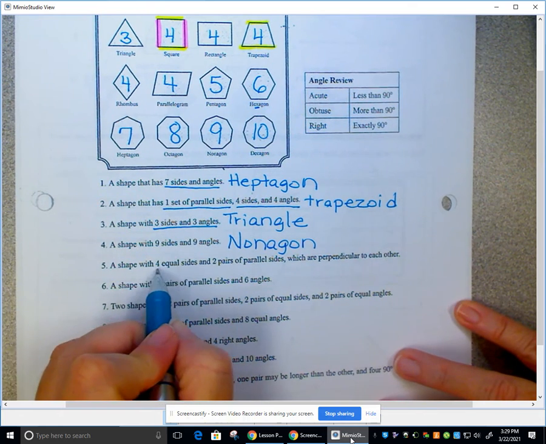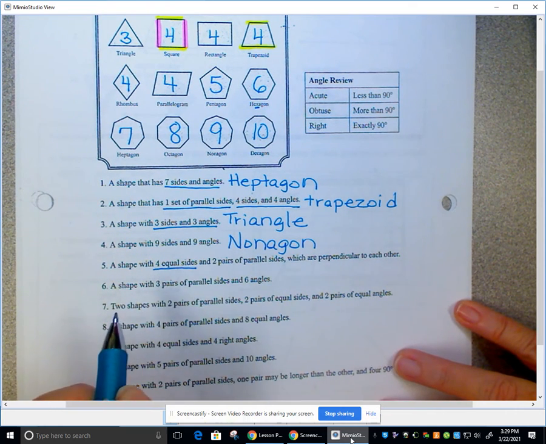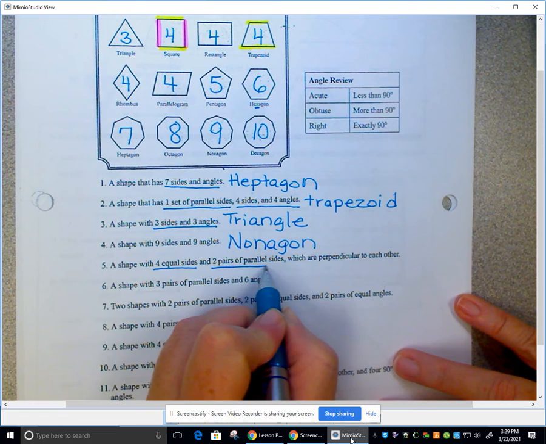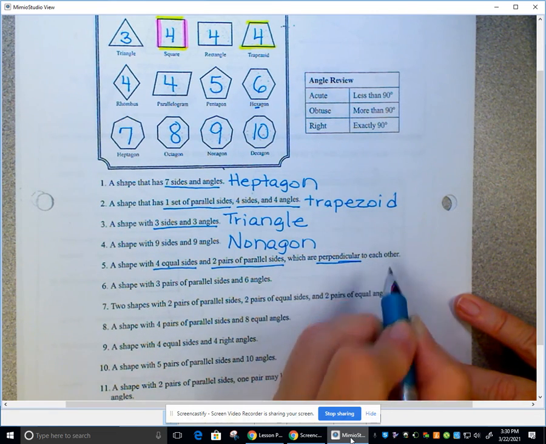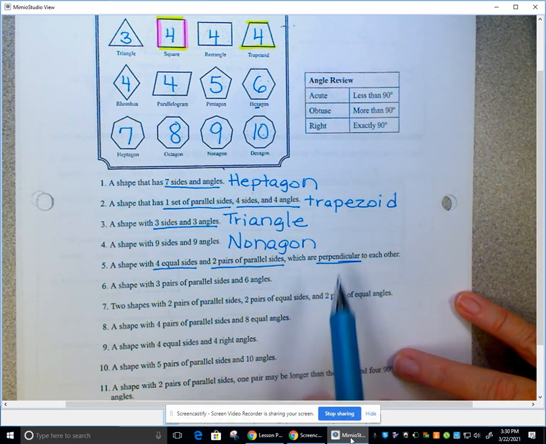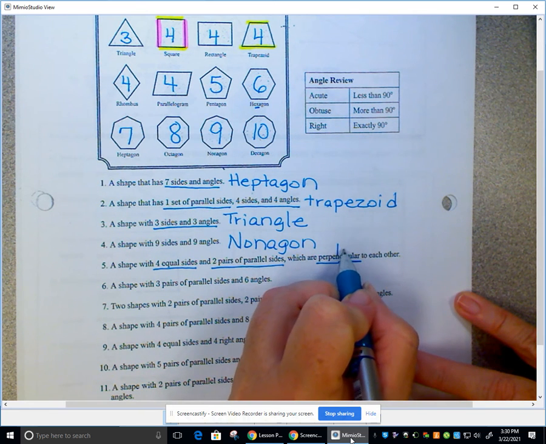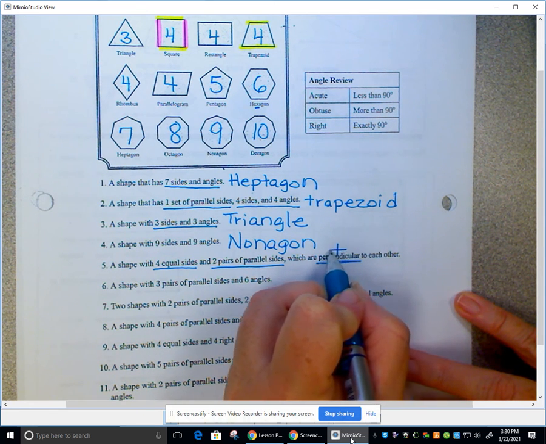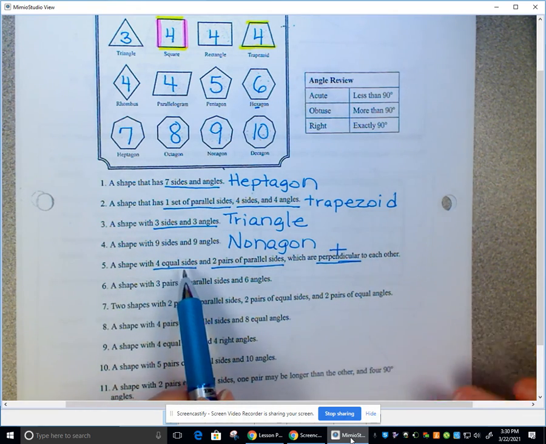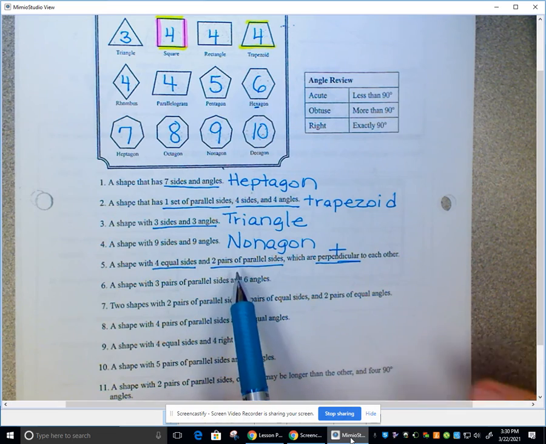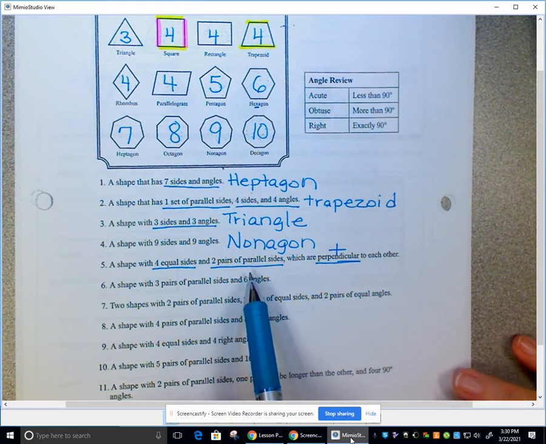A shape with 4 equal sides, 2 pairs of parallel sides, which are perpendicular to each other. There's that word perpendicular. Remember, perpendicular is when lines cross and they form right angles. So it's got 4 equal sides and 2 pairs of parallel sides.